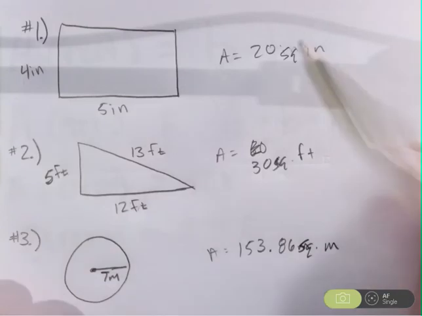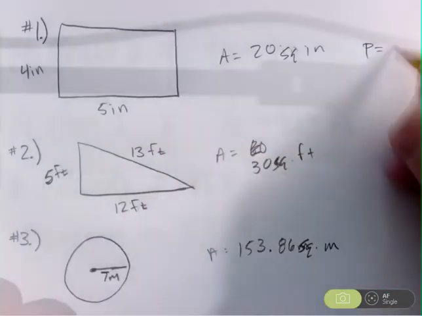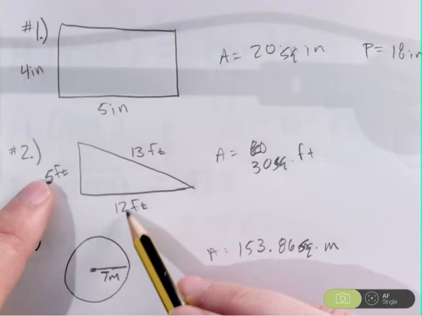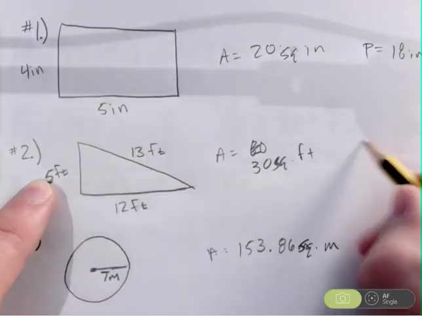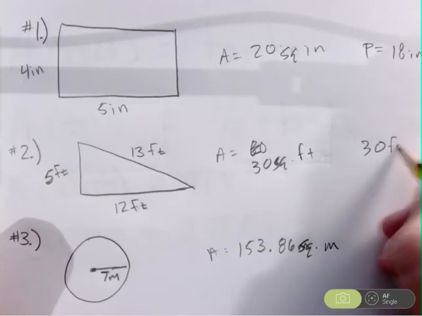For this one your perimeter will be 4 plus 5 plus 4 plus 5, 9 plus 9 is 18 inches. Here 5 plus 12 is 17, plus 13 is 30 feet.